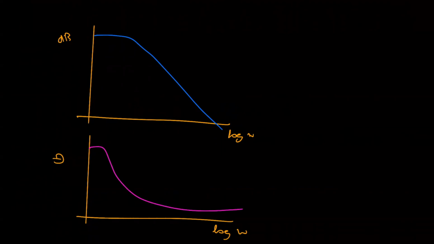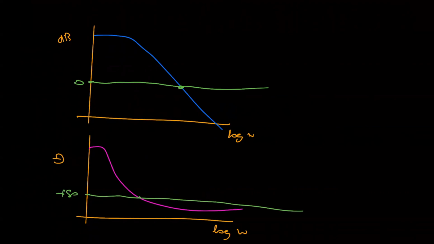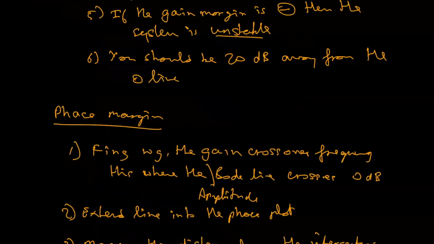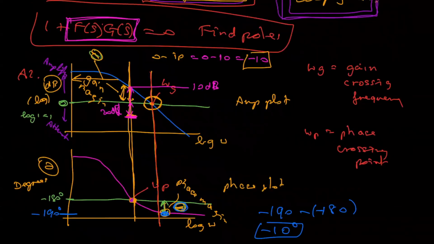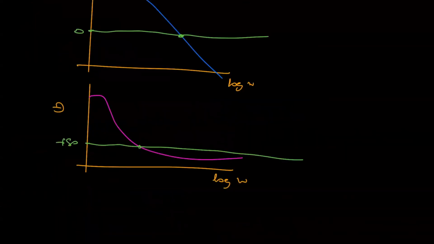First of all, I'm going to mark the 0 point and put a line across there. Then mark the minus 180 degree one. This goes there, let's say. So I've got those two points, and those are the WG and WP.